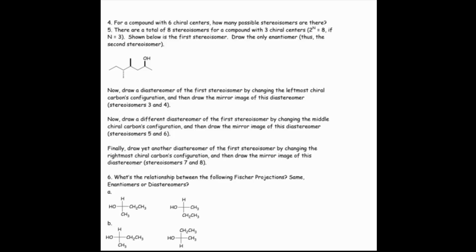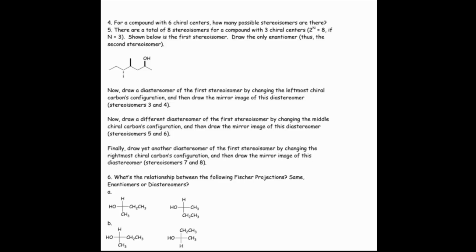Number 5. With a total of 8 stereoisomers for a compound with 3 chiral centers, because 2 to the n is 8. If this is the first stereoisomer, draw the only enantiomer. So the only enantiomer of this compound, we could draw it as we did above for number 2.